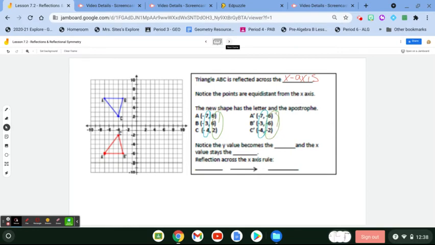So the y values become opposite and the x values stay the same. If you don't feel like counting to the x-axis to make your image, the rule for a reflection across the x-axis is that you keep your x value the same and take the opposite of the y value.